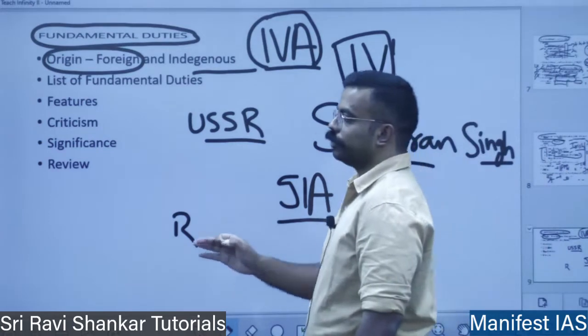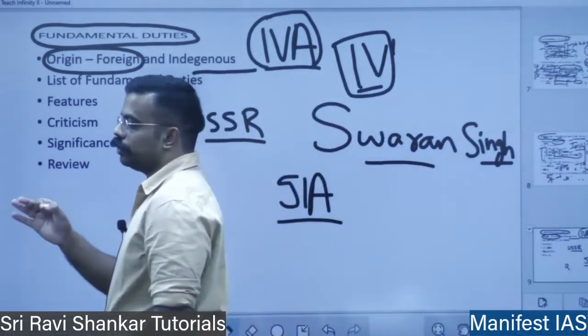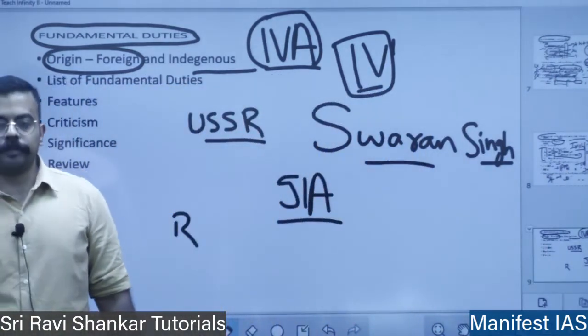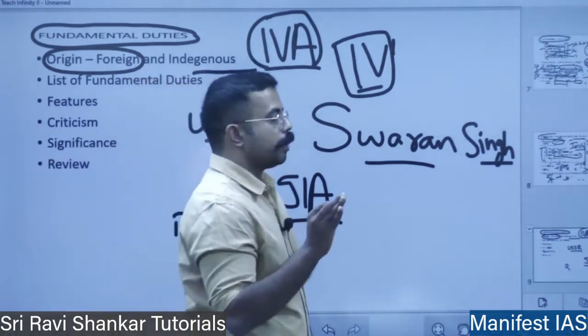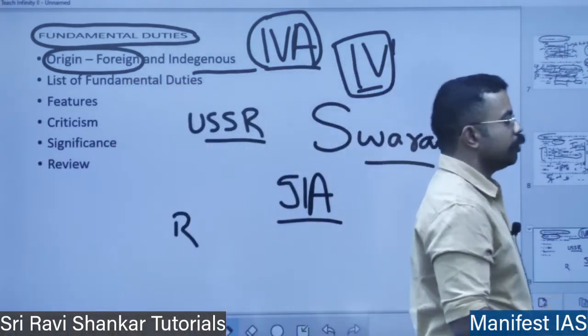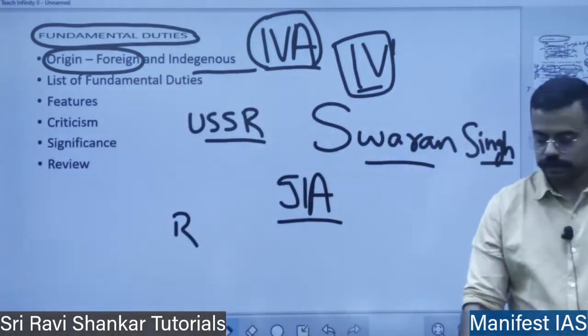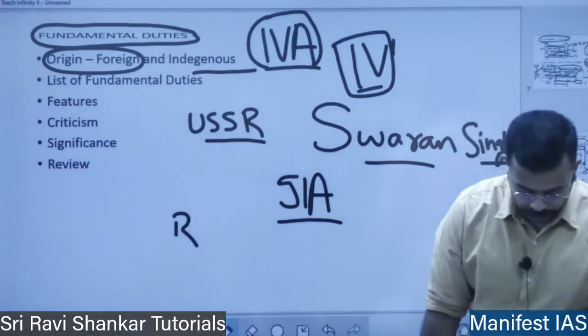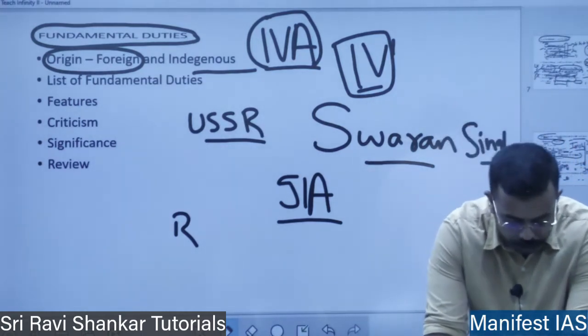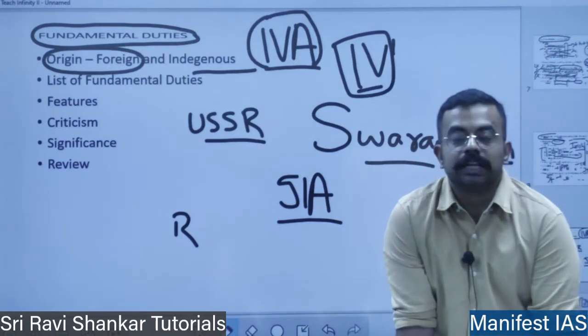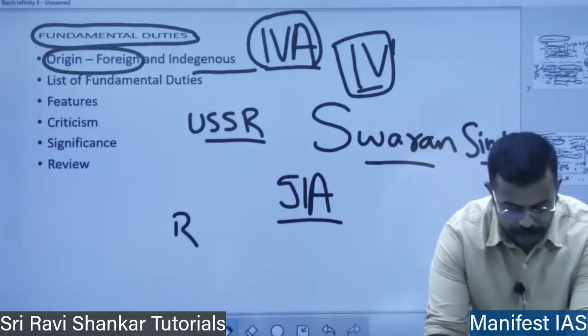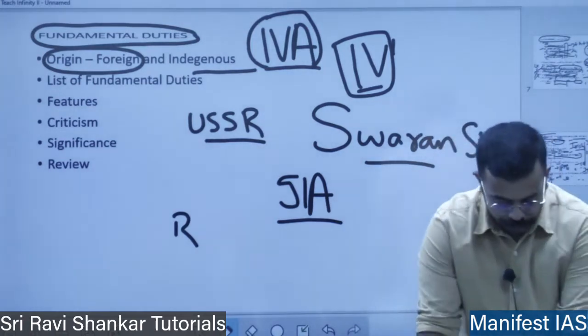So, citizens have to behave. In order to reap the benefits of rights, they have to perform certain duties. So, what are the duties? I am going to read out the duties in the Constitution: to abide by the Constitution and respect the national institutions. So, the national flag and national anthem is your first duty.